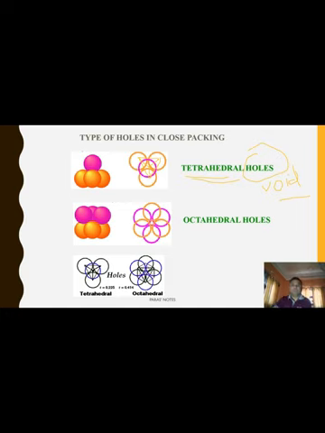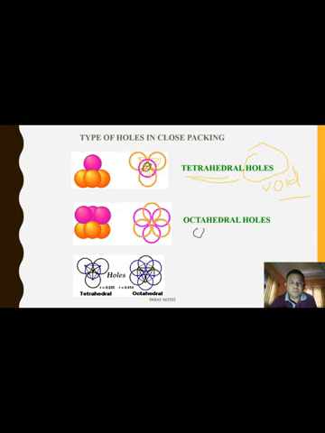Next, we will find out the relationship between the radius of the void and the spheres. Now see, a void is an empty space, so it is not spherical. But in this empty space, let me use this blue color here, what is the biggest sphere that you can fit, and what is its radius?